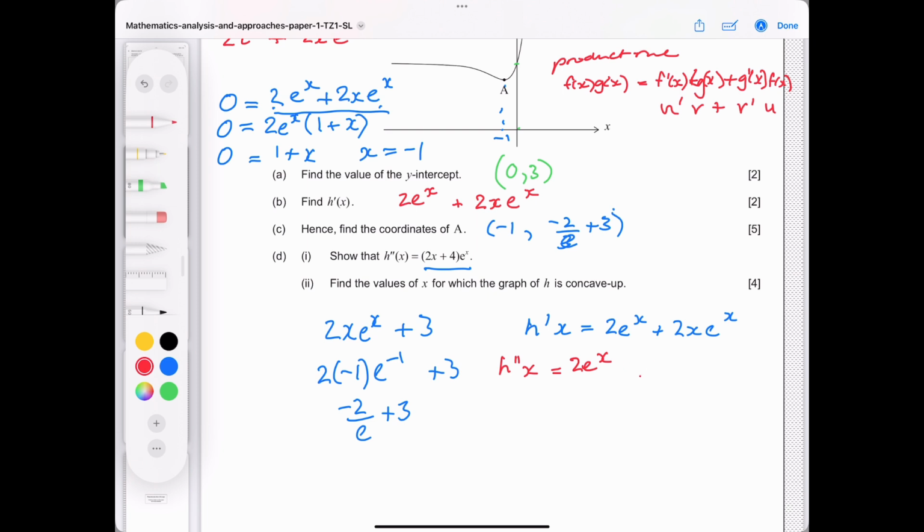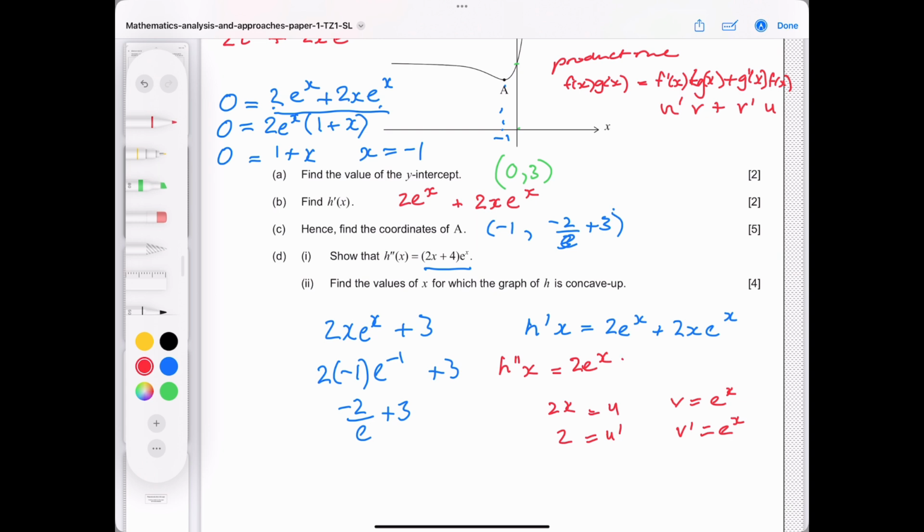But for this one, we're going to name 2x as u. So u dash equals 2, v equals e to the x, and v dash equals e to the x.